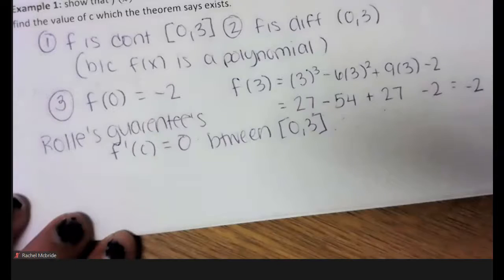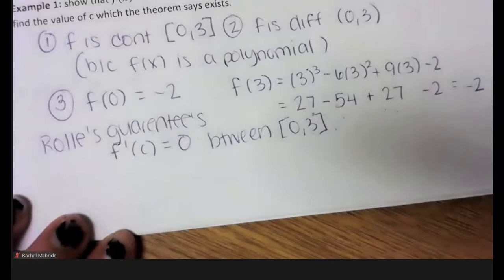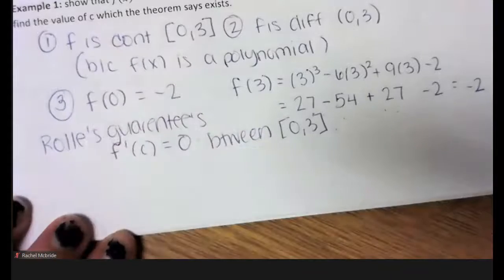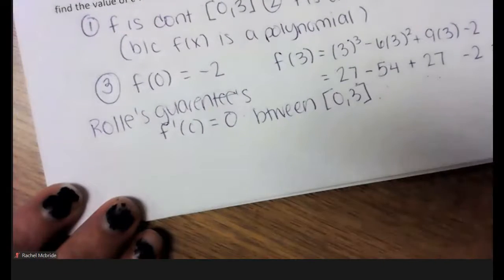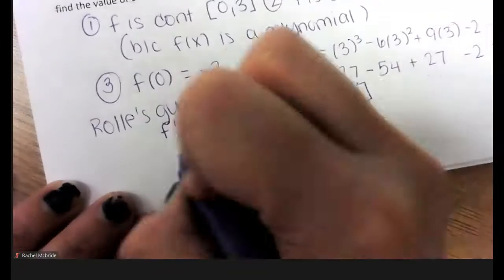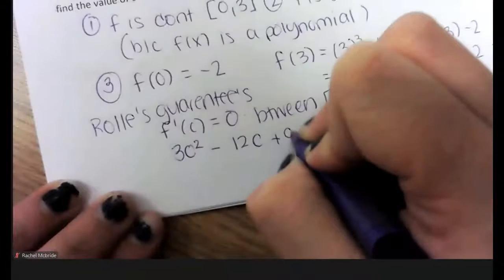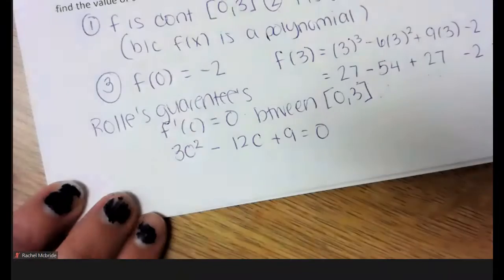Rolle's theorem guarantees that value. If it asks me to find the value, then I have to set my derivative equal to 0 and solve for c.